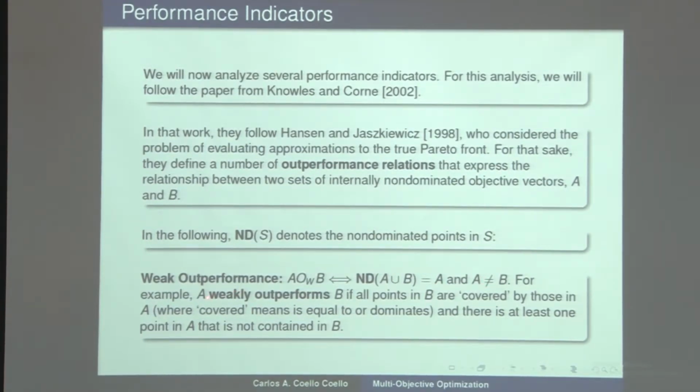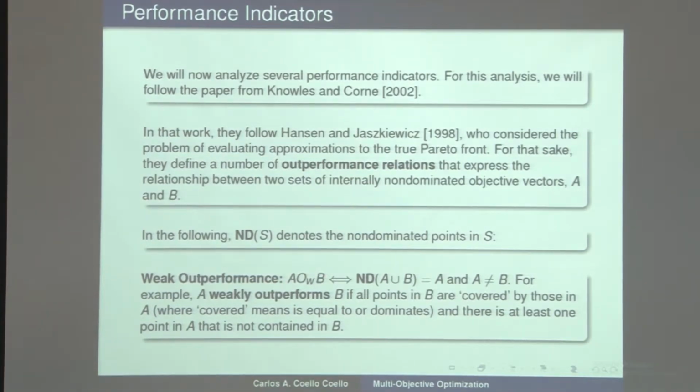So, in this case, A weakly outperforms B if all points in B are covered by A. Cover means is equal or dominates. And there is at least one point in A that is not contained in B. Weak outperformance is good. It means A is better than B. A is the approximation of one algorithm, and B is the approximation of the other algorithm.